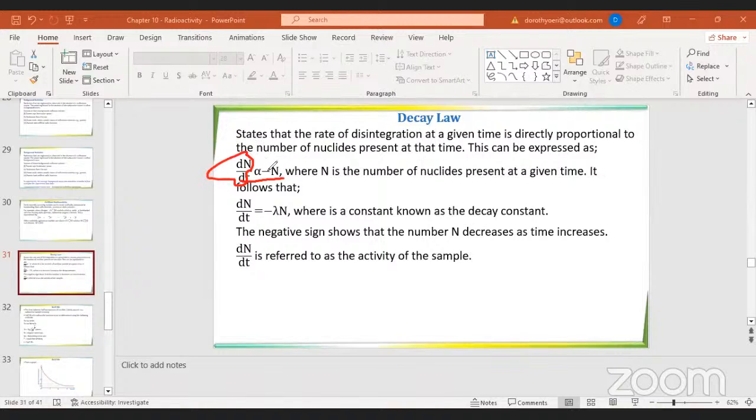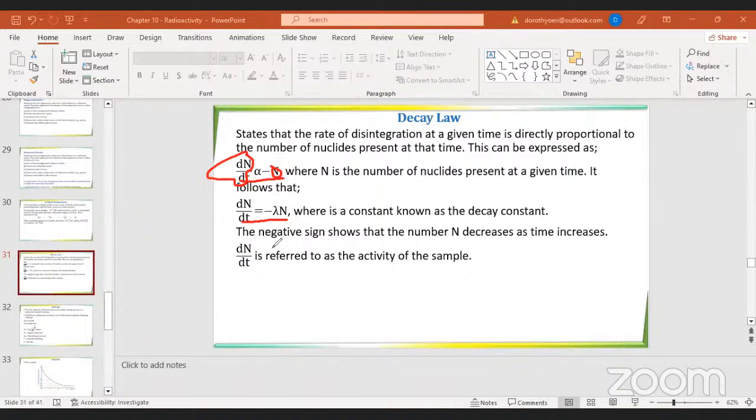That is the rate, and this is the number of nuclides, N. When we introduce an equal sign to that equation, we end up with lambda, the inverted letter, which represents a constant, the decay constant.